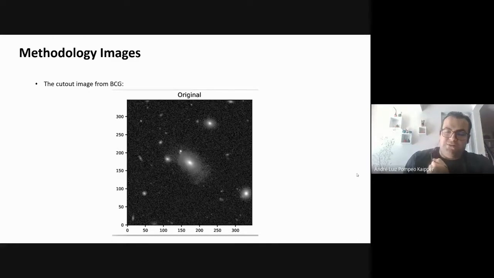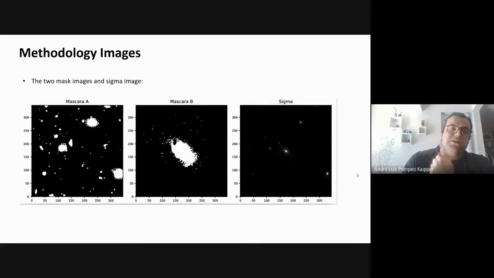So I give this image and this extractor the mask A that takes off the contaminated sources, and mask B to find the BCG, so only the pixels that apply to the light of the BCG. The sigma image is a weighting of the values of each pixel in the sky.